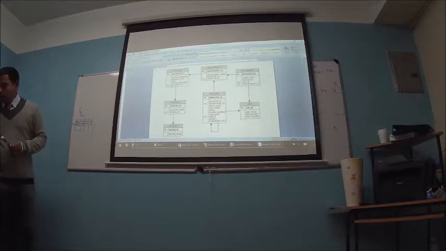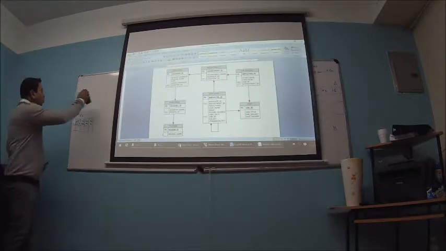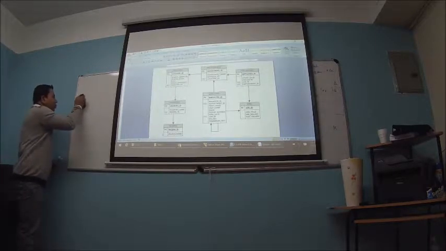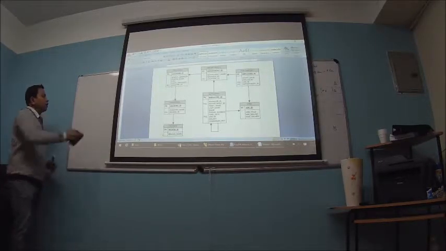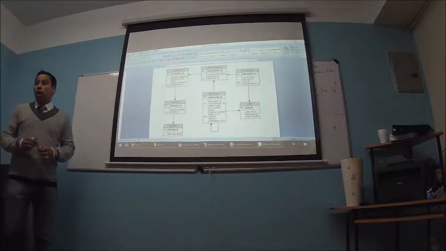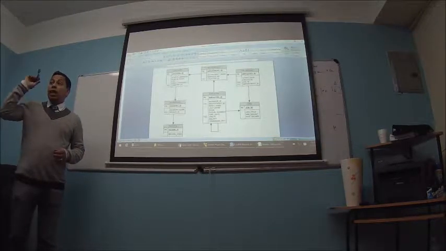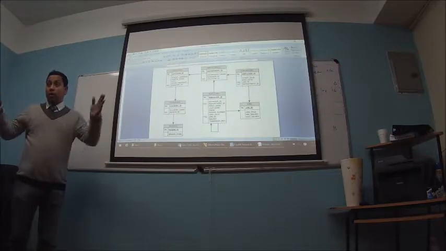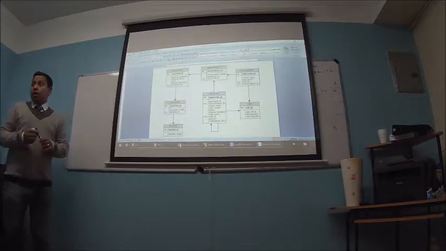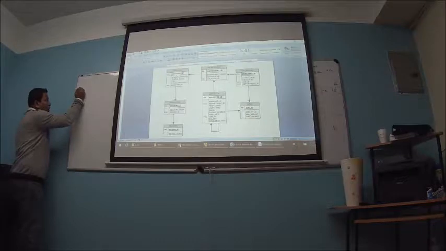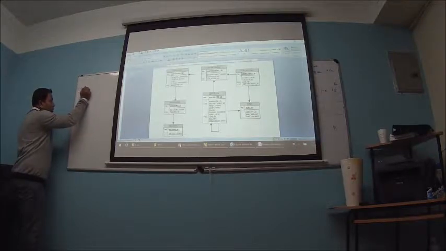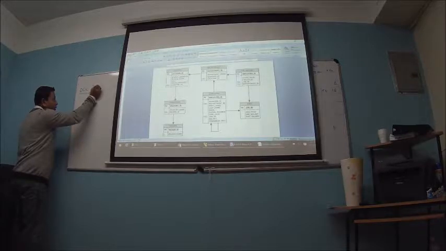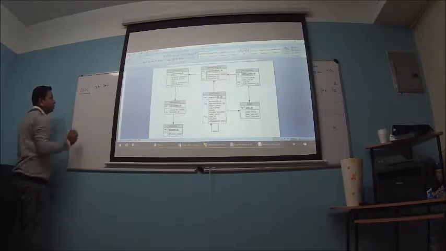Exactly. Now, we talked about all these. We use a lot of different commands in SQL, and those commands are categorized into 4 different categories. The first one is called DDL, which stands for Data Definition Language.